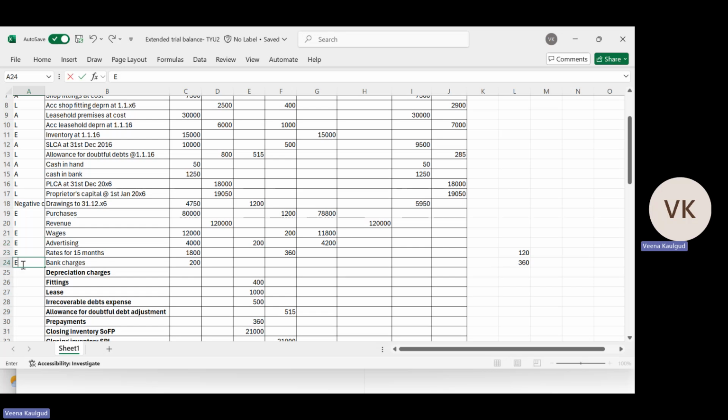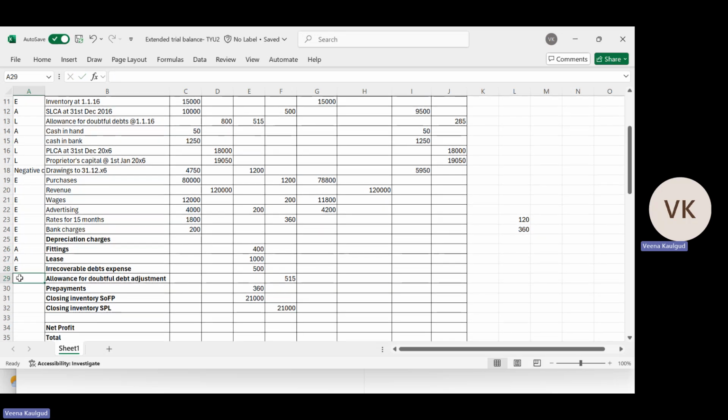Bank charges are expenses. Depreciation is an expense. Fittings are assets. Sorry, fittings are an asset. Lease is also an asset. Irrecoverable debt is an expense. Allowance for doubtful debt adjustment is either an expense or it can be income.